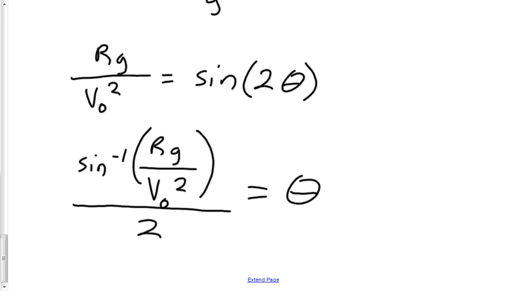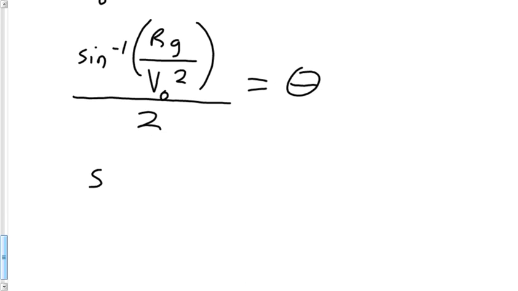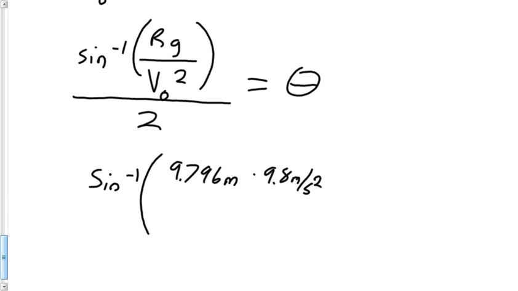Let me put the values in. So I've got the inverse sine, and the range that I'm going to use is the 9.796 meters, that's the range that I got, times the 9.8 meters per second squared. And remember, that's going to be positive because it's a g in the equation.